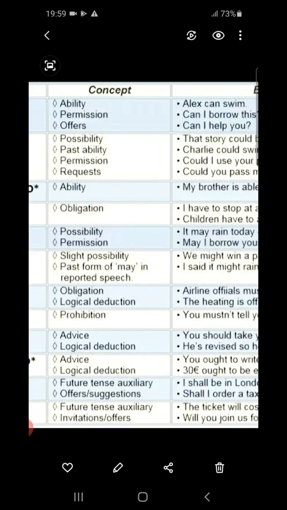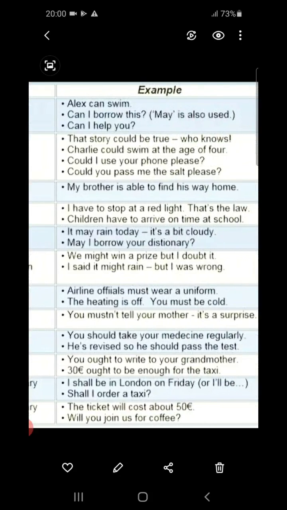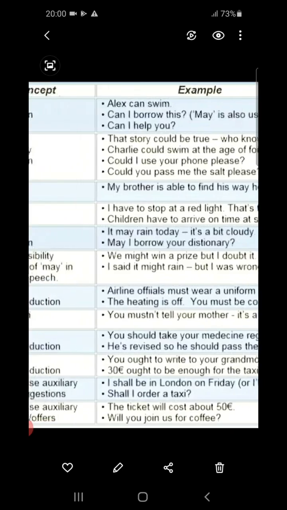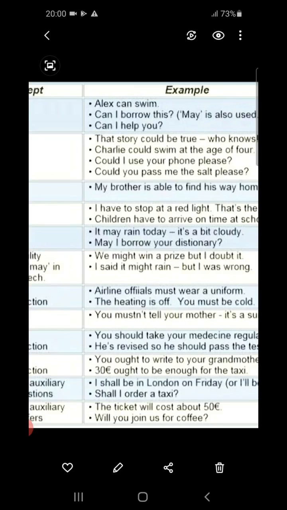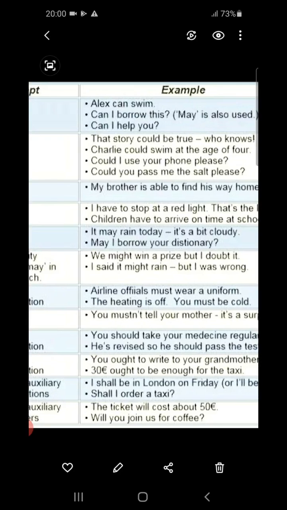Next, past ability. Charlie could swim at the age of 4. So here, someone is expressing someone else's past ability.